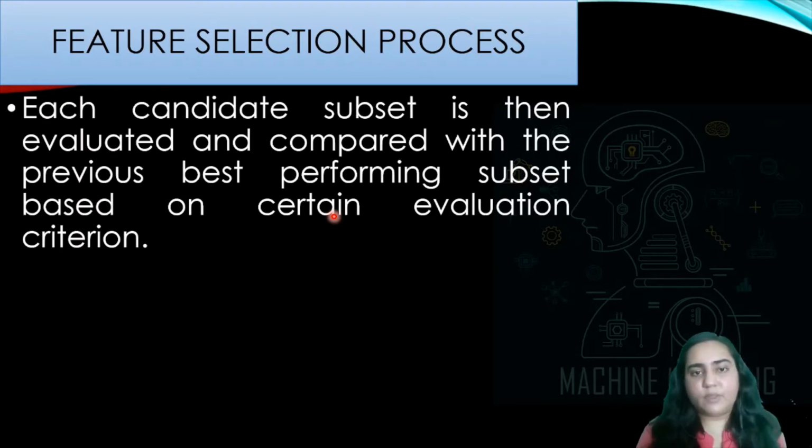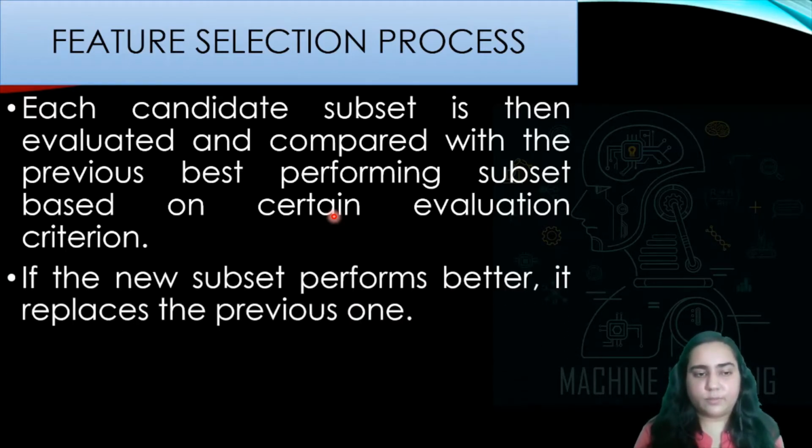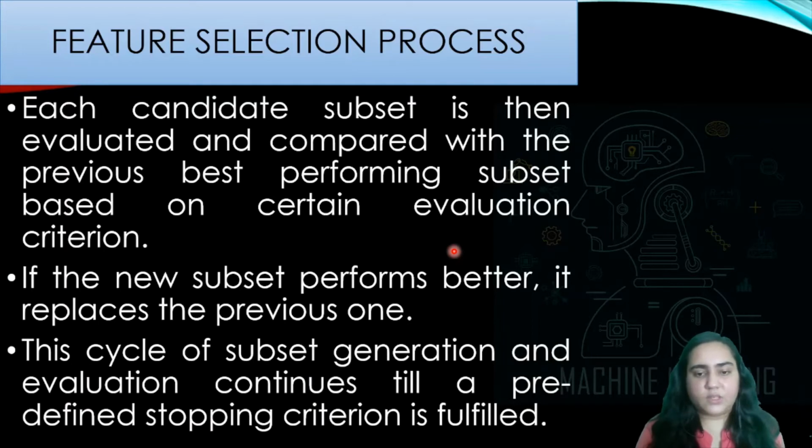So this is the same thing. Every subset that performs better than the previous one is considered the best for now, and you will check all the subsets. In the end, you will have the best one. So if the new subset performs better, you just replace the previous one, and this cycle is going to continue till the stopping criterion is fulfilled.